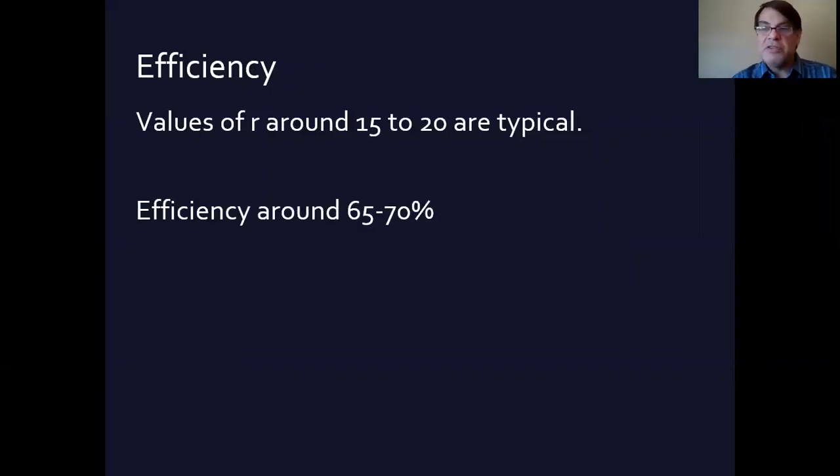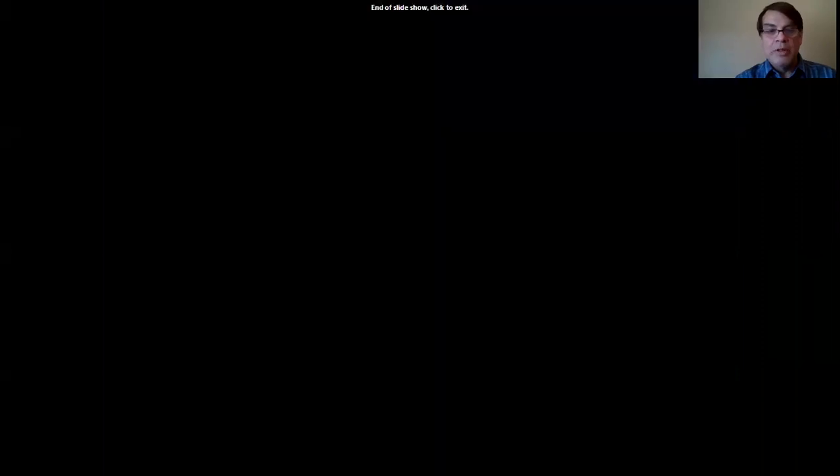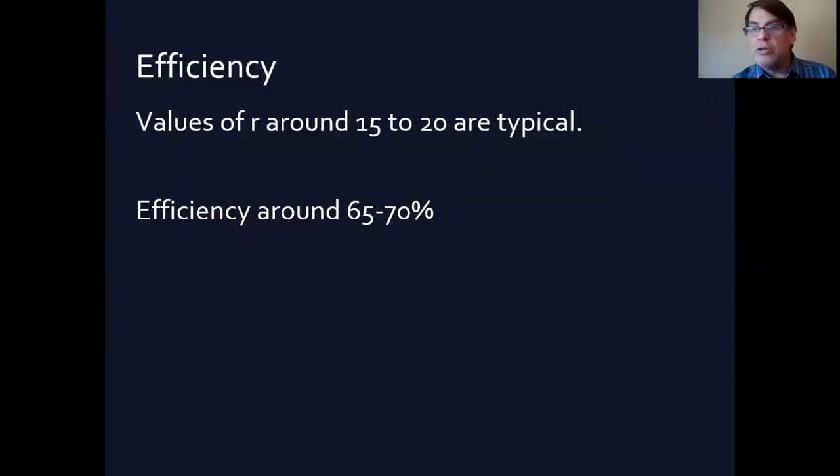And so the efficiency of a typical diesel engine is much better, somewhere around 65 to 70%, a much more efficient use of the fuel. So this has been the internal combustion engine from Young and Freedman's University Physics.